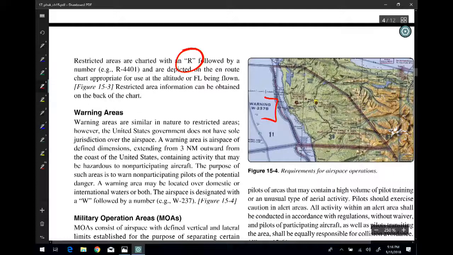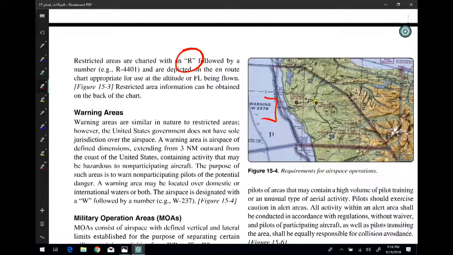They're similar to restricted areas, but the government doesn't have sole jurisdiction over that airspace. So you may have a warning area that's over domestic or perhaps international waters. And so again, it's not just completely the U.S.